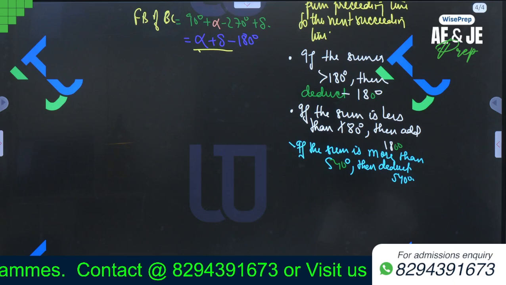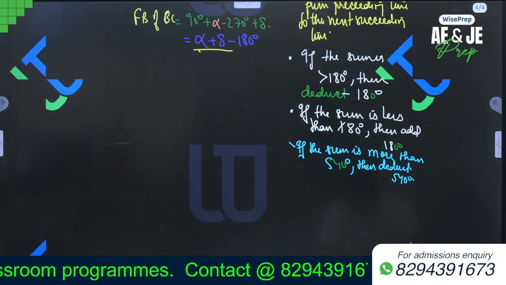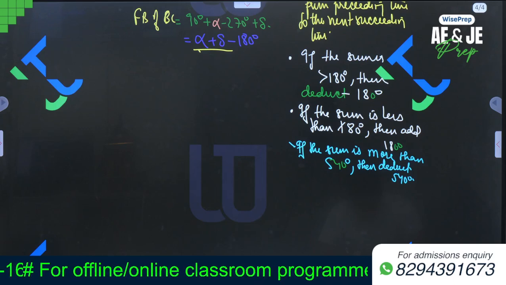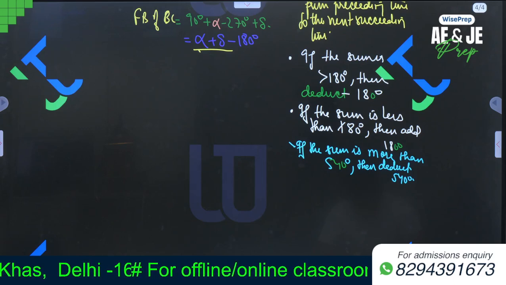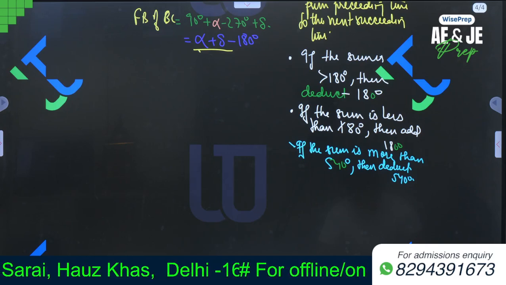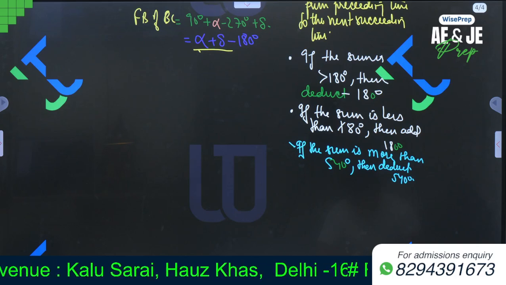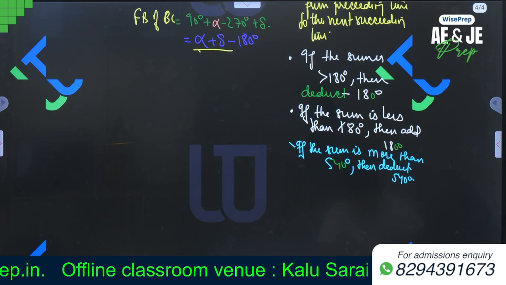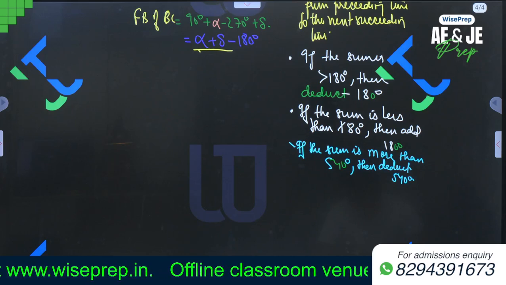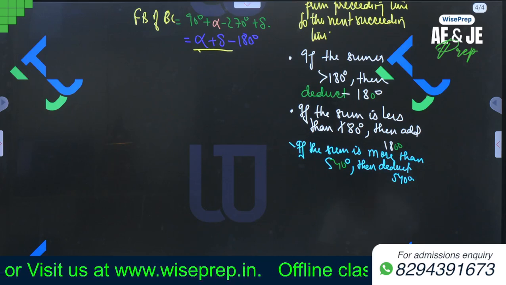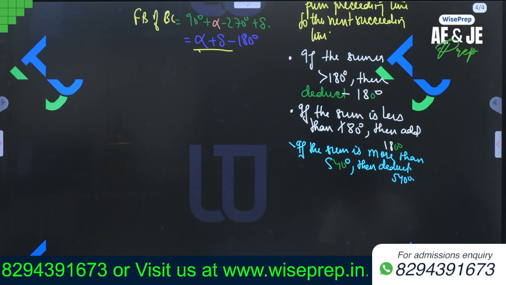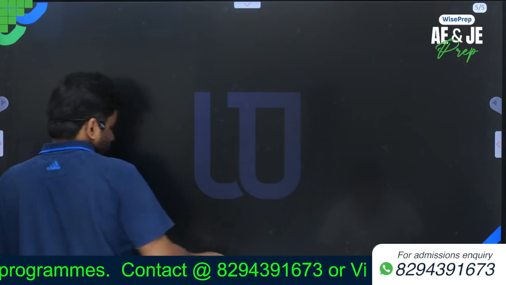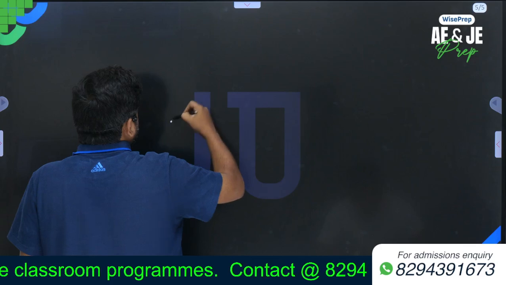In a given figure, ABC is an equilateral triangle. If the bearing of AB is 150 degree, then the bearing of AC, let's see here.